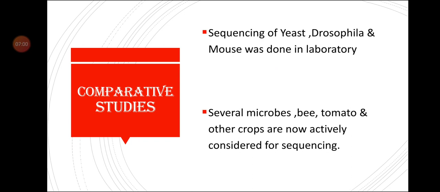Now, several microbes, rice, tomato and other crops are actively sequenced.